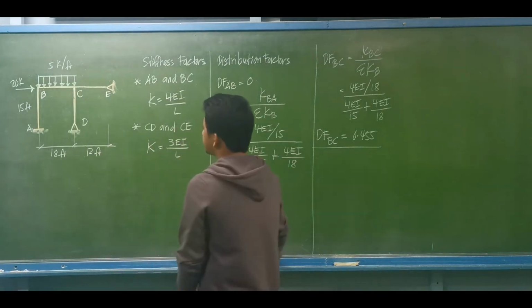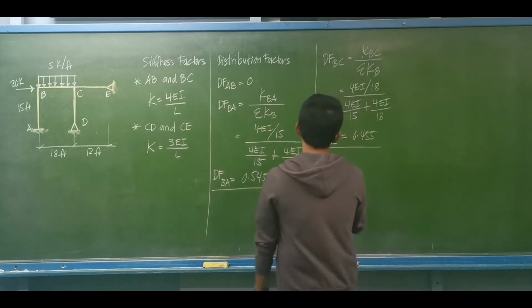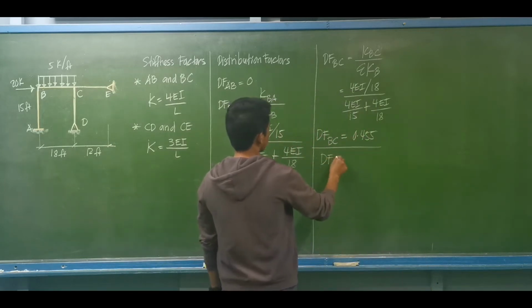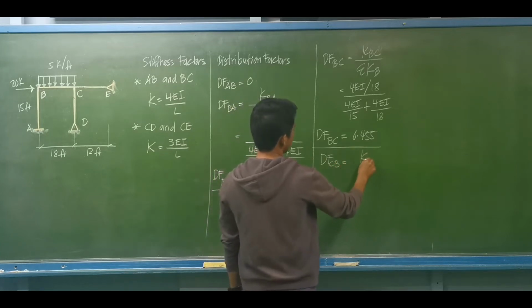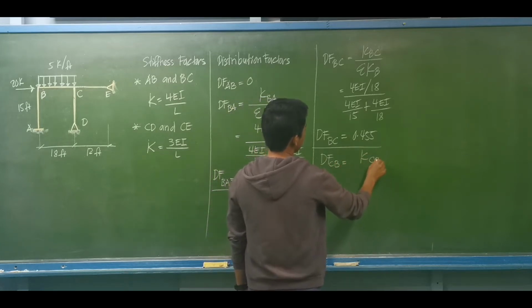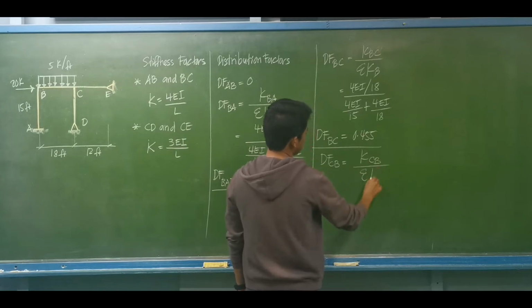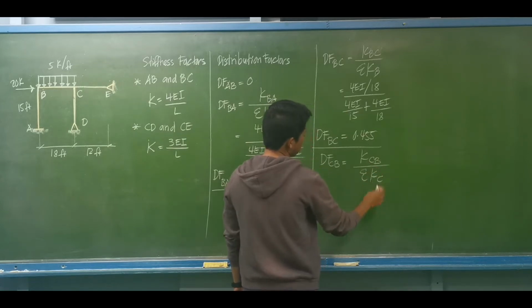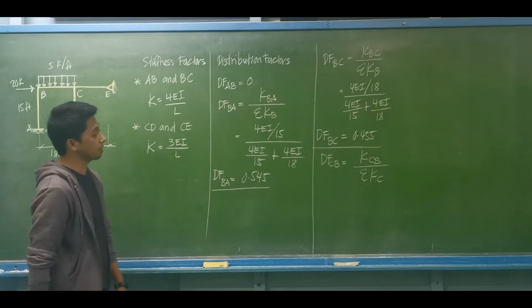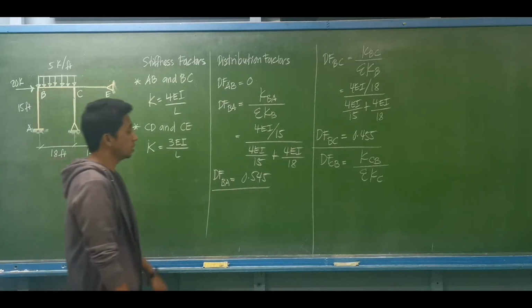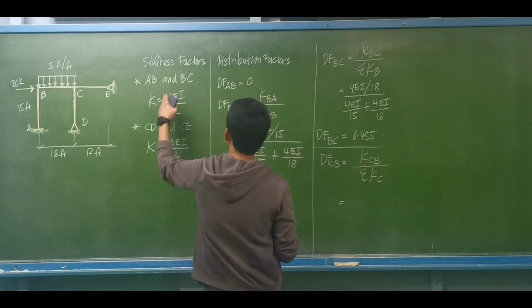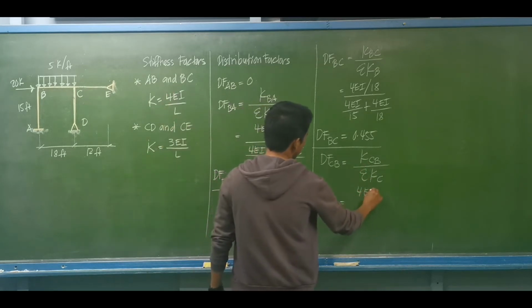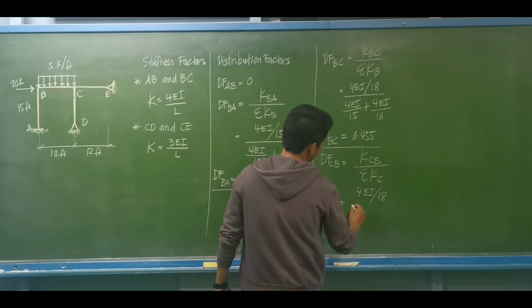Then we have the distribution factor for member CB, which is equal to the stiffness factor for member CB divided by the summation of the stiffness factors of the spans connected to joint C. CB is the same as BC: 4EI, the span being 18 feet.